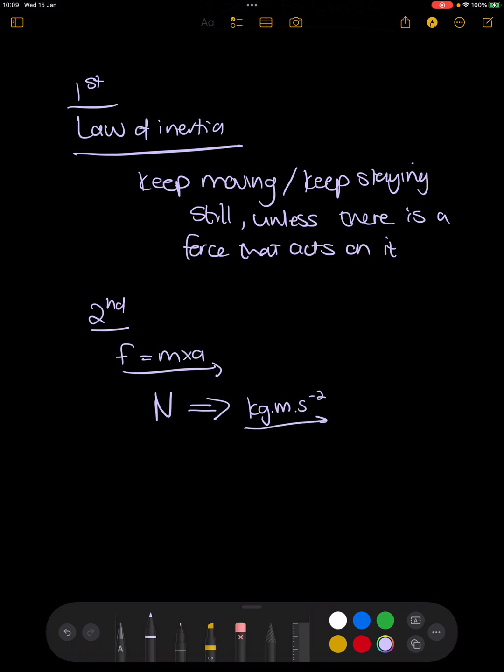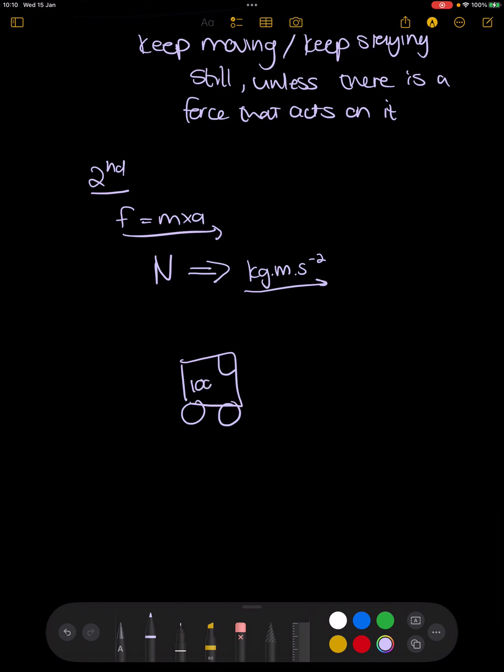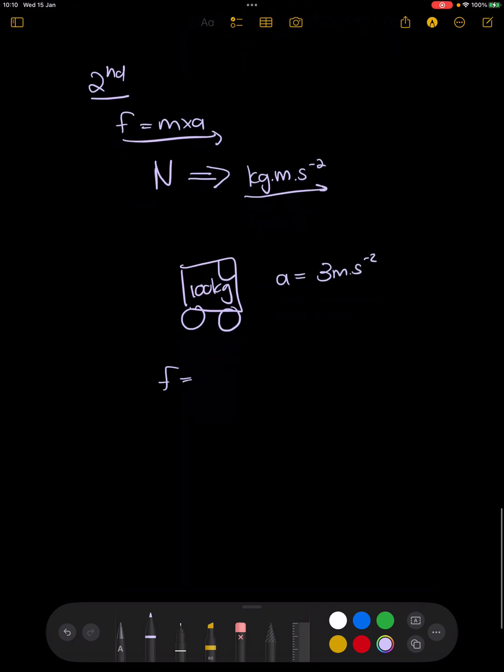For example, let's say I have a car here, and my car weighs 100 kilograms and it accelerates at a rate of 3 meters per second squared. The force is going to be... I'm always going to write down my formula so that I can get marks for that.